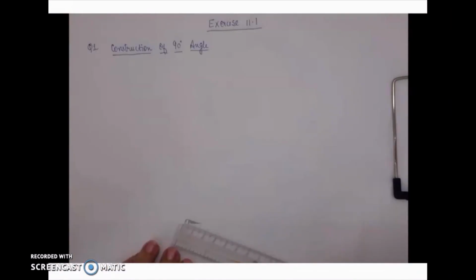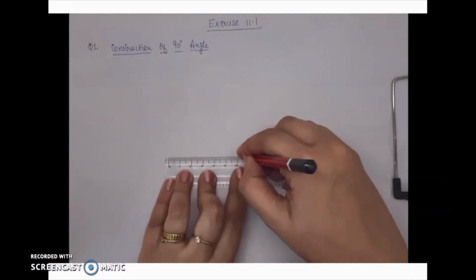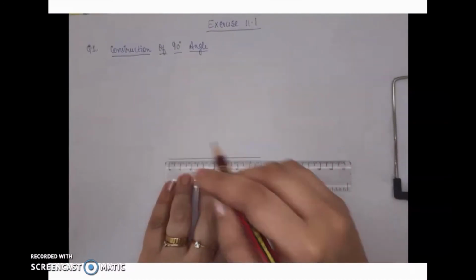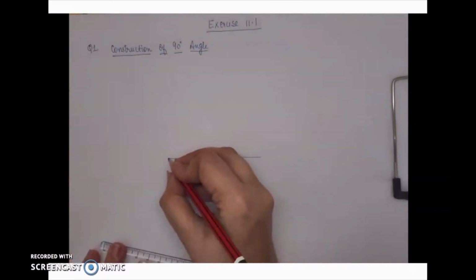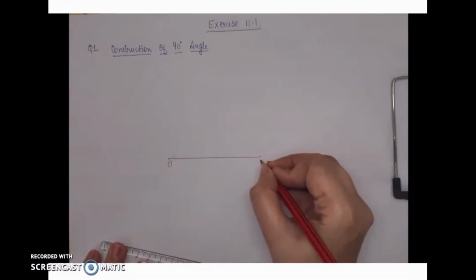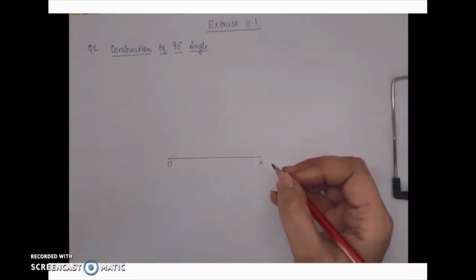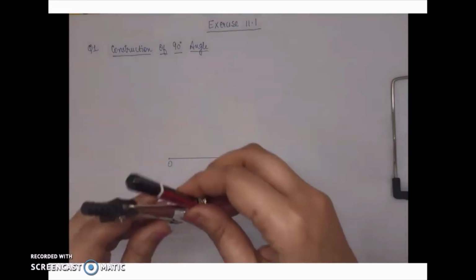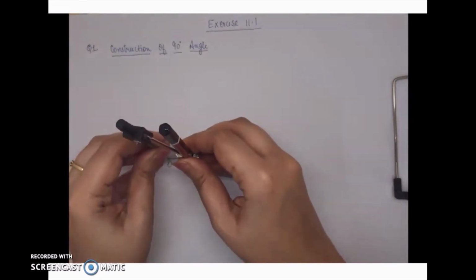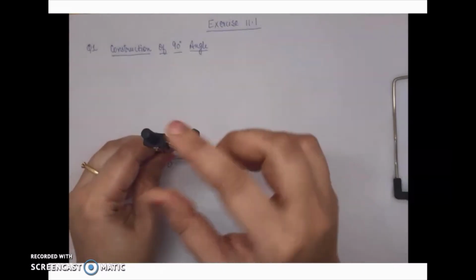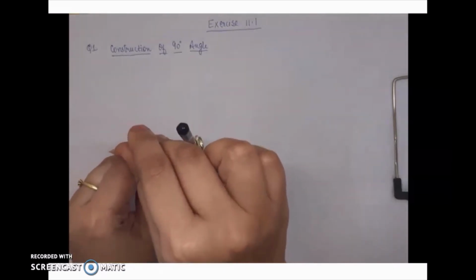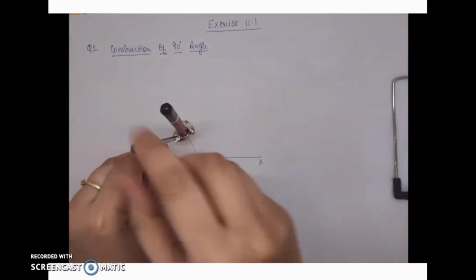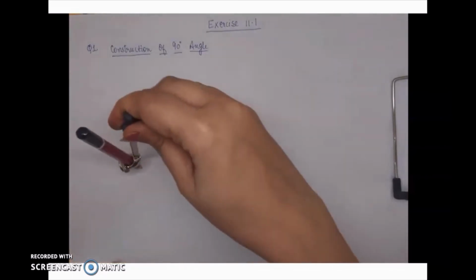Next, we are going to see construction of 90 degree angle. So construction of 90 degree angle, first again, the same method we are going to follow. This is the baseline OA. Taking O as the vertex now, at the point O only I have to construct the 90 degree angle. So first, you will again make a semicircle the way you had done previously for 60 and 120.